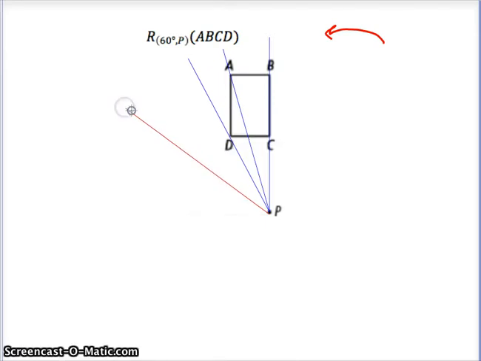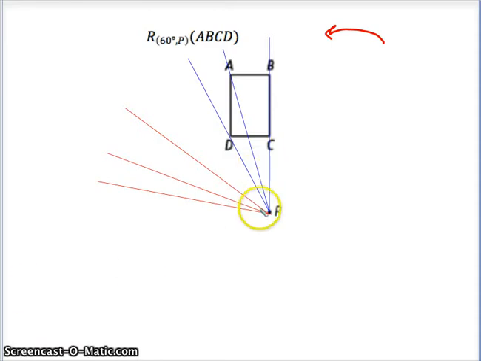Now I'm going to rotate this line through A 60 degrees, and then I'm going to rotate the line that goes through D 60 degrees. Again, I'm eyeballing it here, so it's the moment of truth.